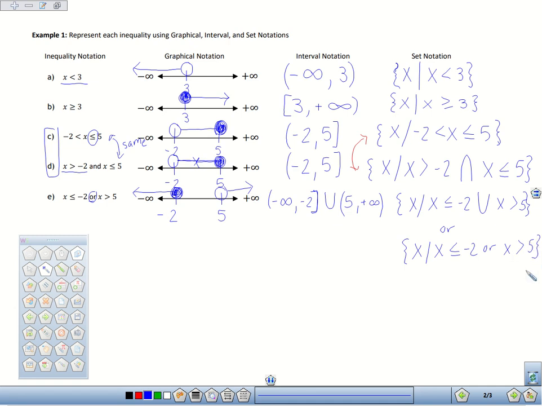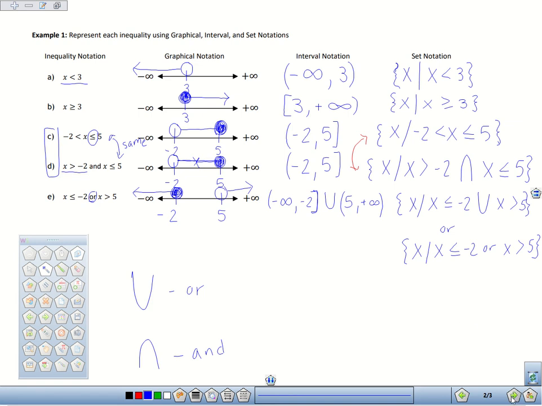So those are both correct. So basically this symbol right here means or, and this symbol right here means and, which is on the last page of your notes. I just wanted to refresh on what I was talking about. So do we have any questions so far?